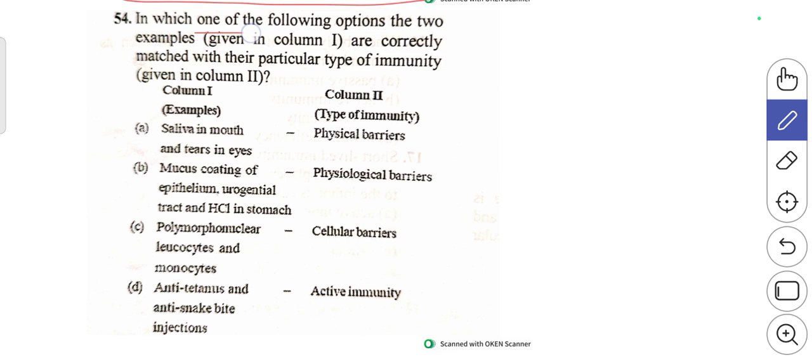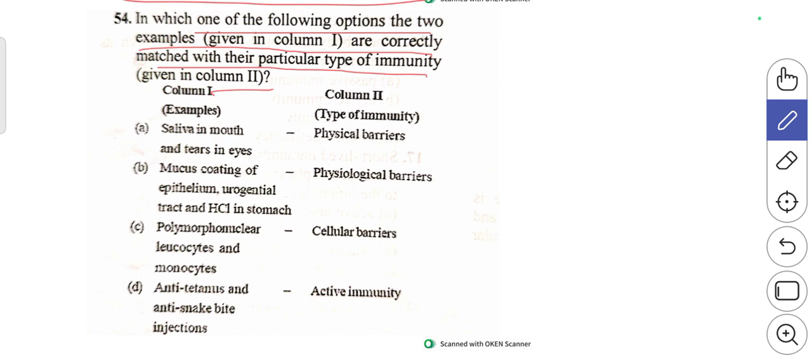In which one of the following options are the two examples given in column 1 correctly matched with their particular type of immunity in column 2? They have given an example and a type of immunity. You have to choose the correctly matched option here.